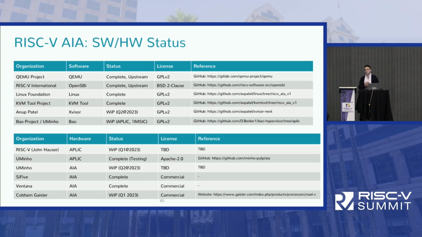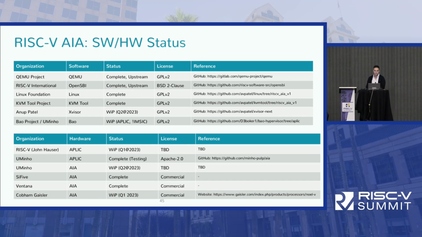Well, in terms of software and hardware status, this is pretty much what you can find out there. In terms of software, the IOMMU support is upstream, and it is also upstream in OpenSBI, the support for the AIA. It's complete in Linux and KVM, but it's not upstream yet. That's why the reference branches are from Anup, not the main branch.